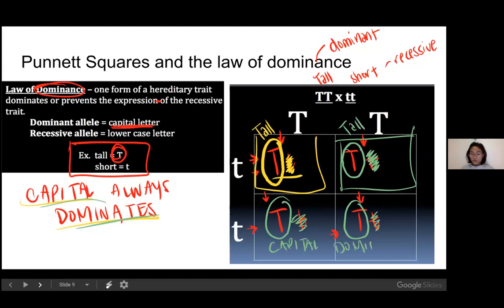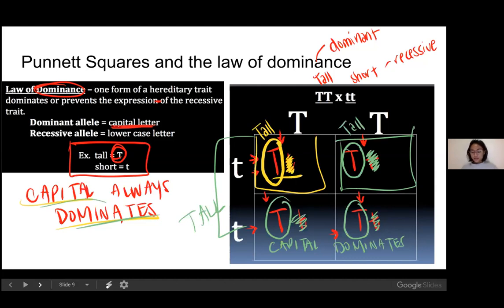And so we know that all of the pea plants are going to be tall, which is great for the farmer. He has very tall pea plants making lots of peas, which means he has a happy farming life. And that's basically how you do a Punnett square with a law of dominance. We're going to do a bunch of practices of that in the next few days because it is a pretty tough concept to grasp.